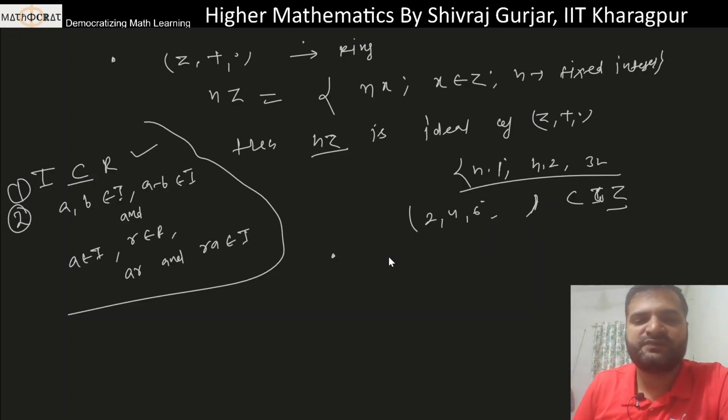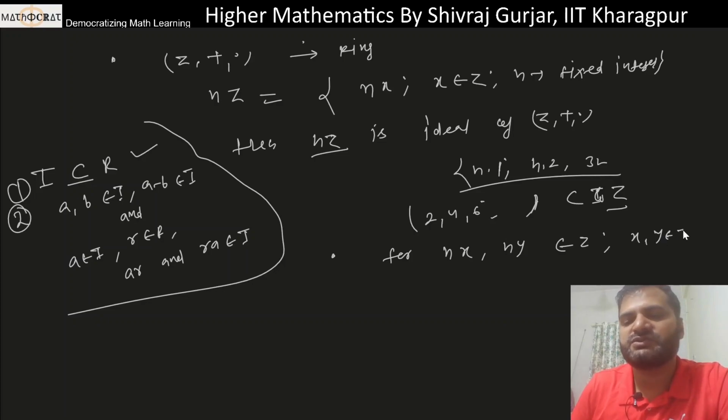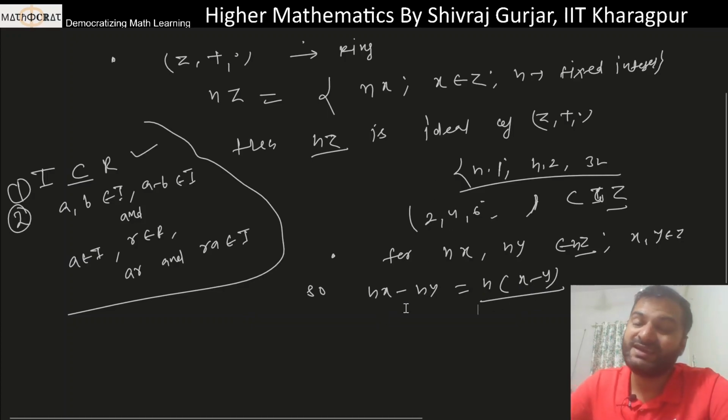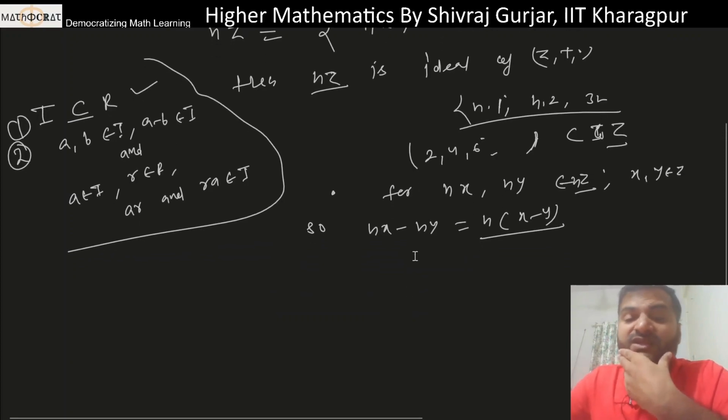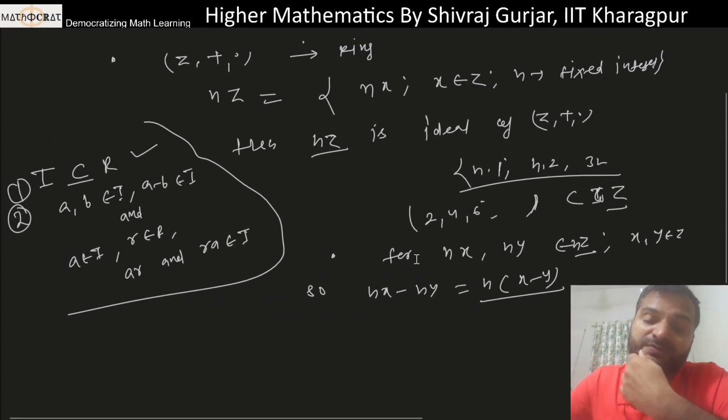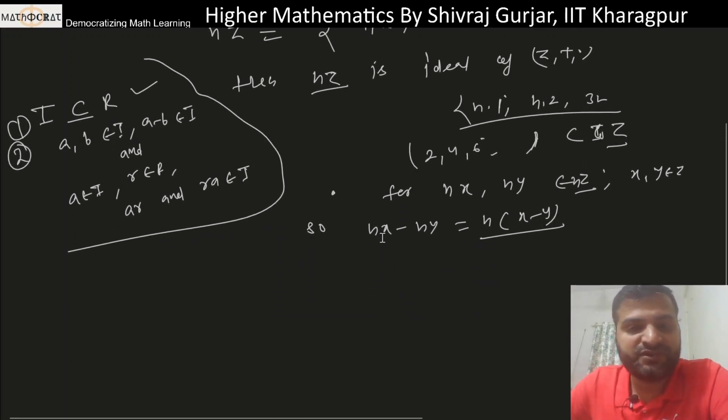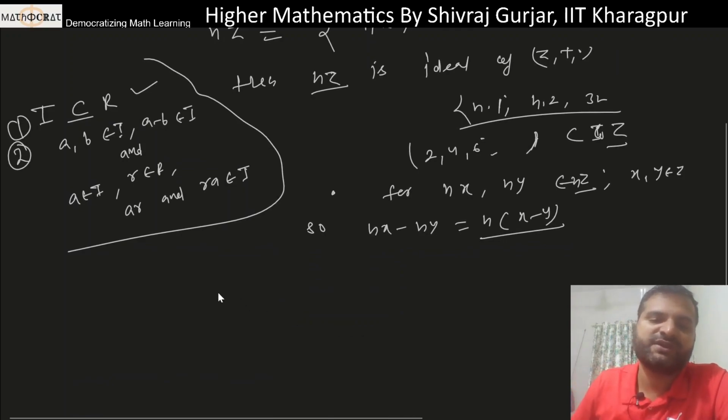Second condition, that for n fixed, let's take x and y, two integers. This belongs to Z where x, y belong to Z. ठीक है? This belongs to nZ, right? So then nx minus ny, if we do that, so we can take n common and x minus y will be there. How can we do this? Because nx and ny are also elements of this ring R. So in R, this additive inverse will exist. We know that ring की तो property यही है that R plus is an abelian group.